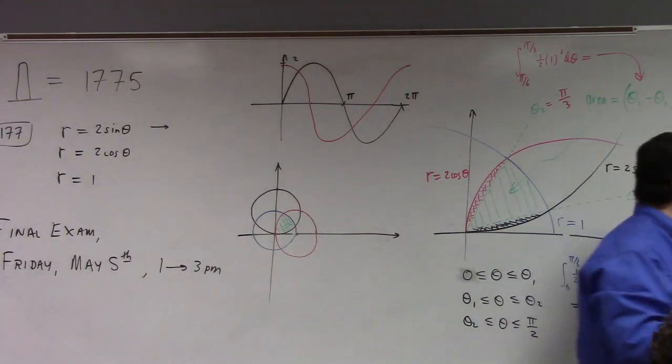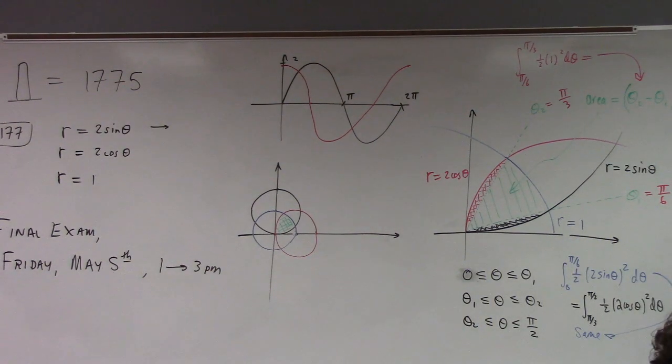So what I would do is look at x equal to r cosine theta. What's wrong with me? y is equal to r sine theta, right?